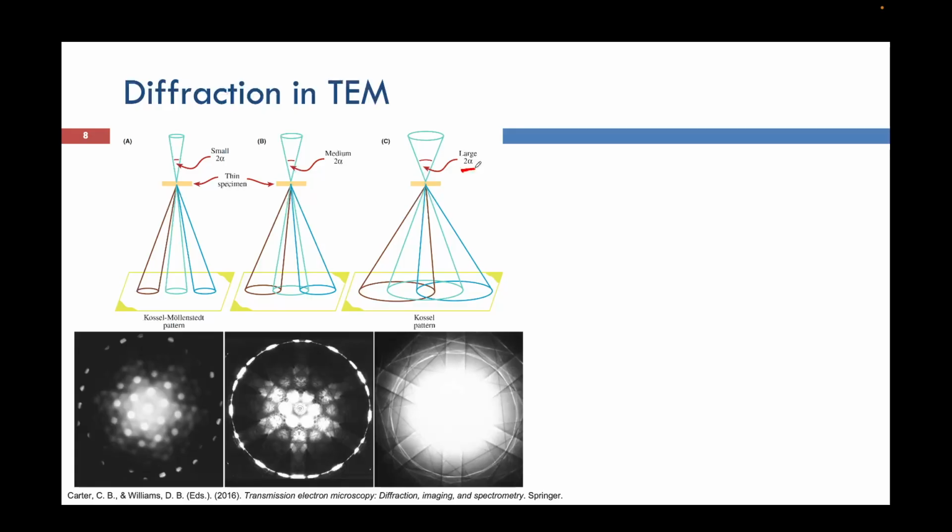Look at three different scenarios, A, B and C. Here you can see a small 2 alpha, that means the total convergence angle, and all the specimens are thin specimens, right?